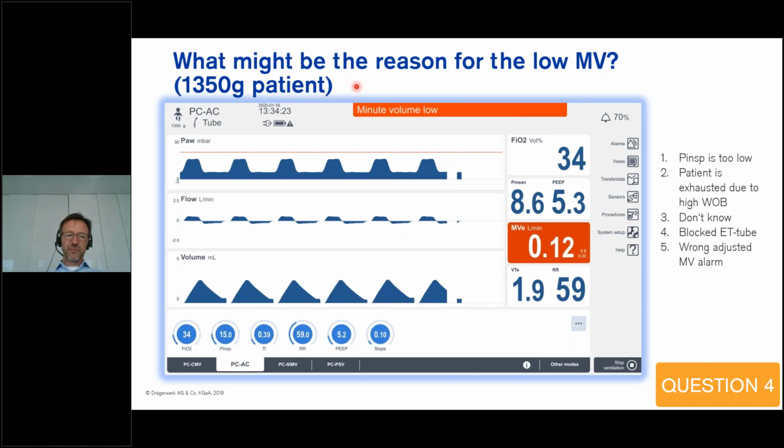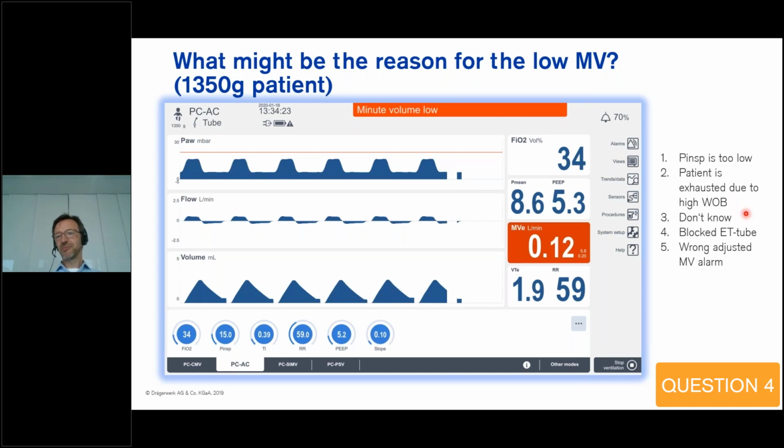So you see the curves, you see the settings, so you see the mode, you see the most important measurements here. And now the choices are, in this case, number 1, the inspiration pressure is simply too low. Number 2, patient is exhausted due to high work of breathing.